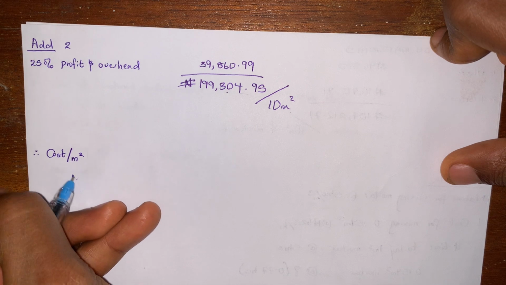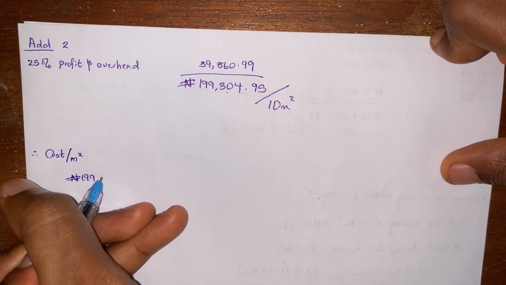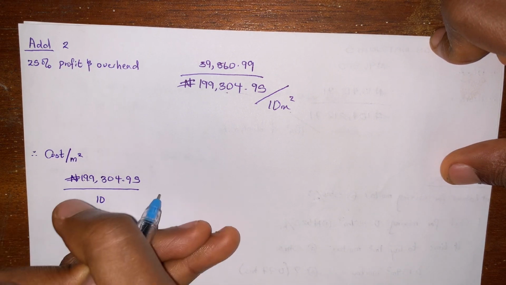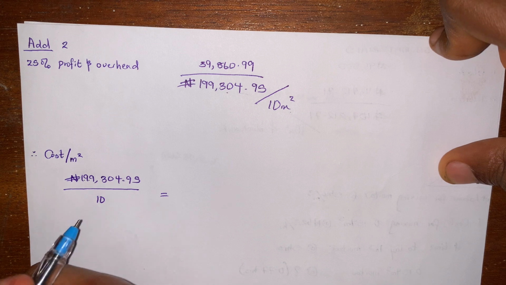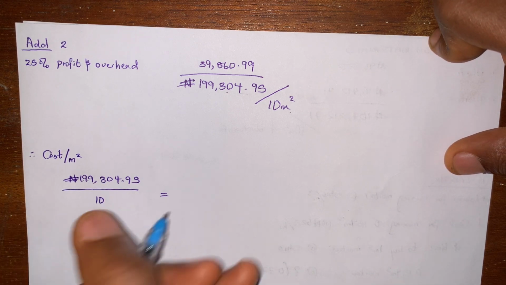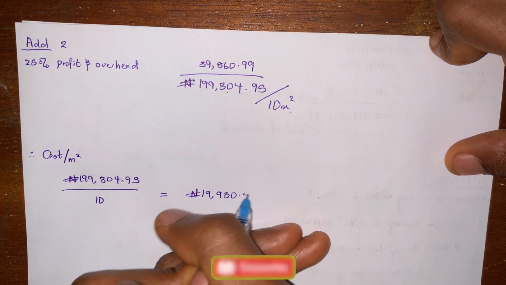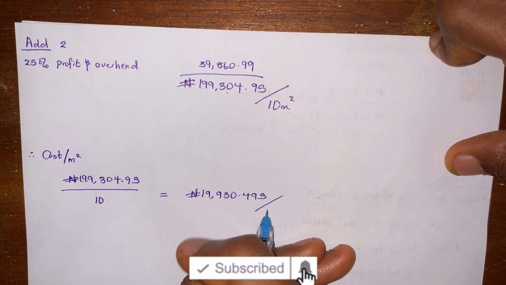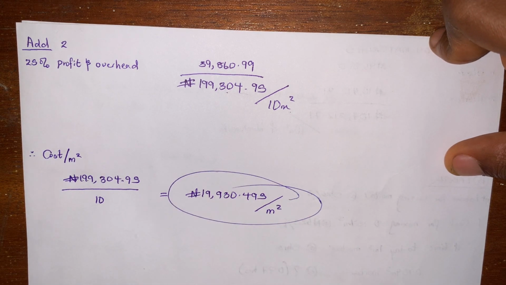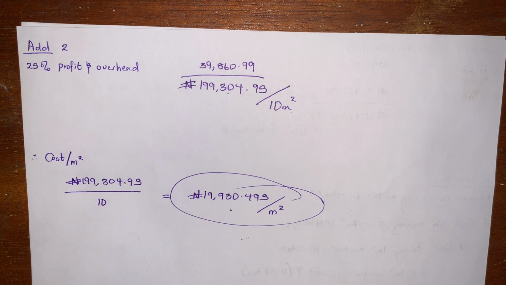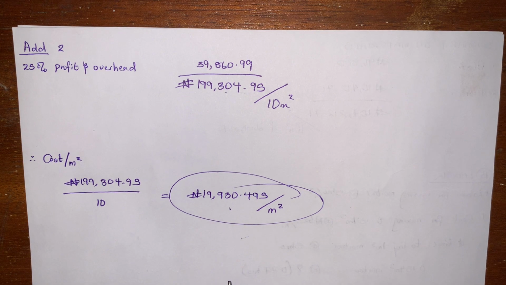So we're going to be having 199,304.95 divided by 10, and that will give me 19,930.495. So this is the cost per meter square of block work. So this is what we are going to be taking to our bill of quantity as our rates. So doing this, we've successfully built up our rate for measuring the block work for 225 mm or 9 inches block.